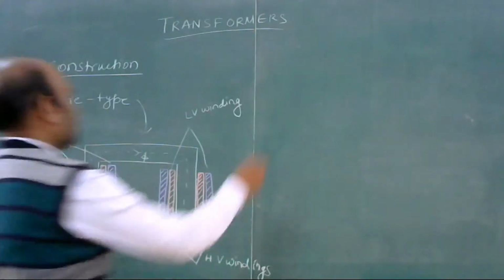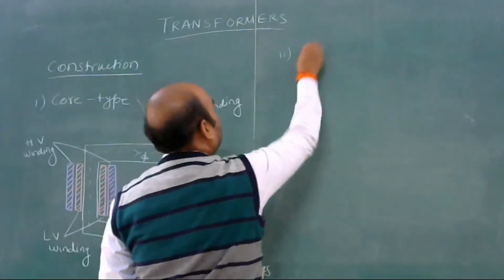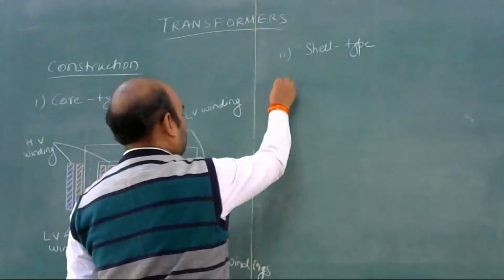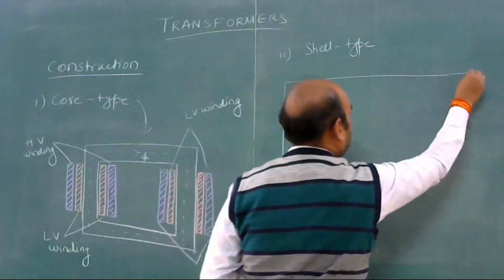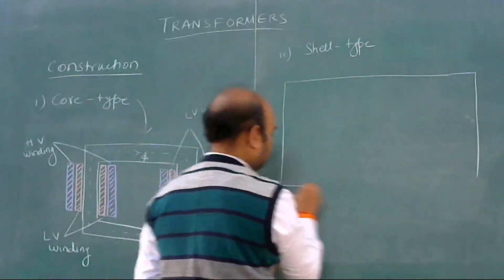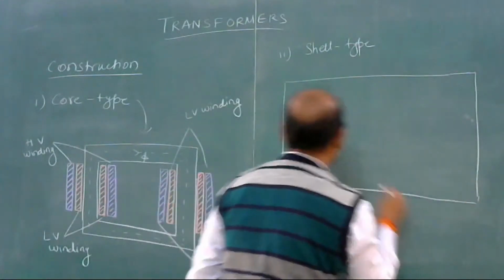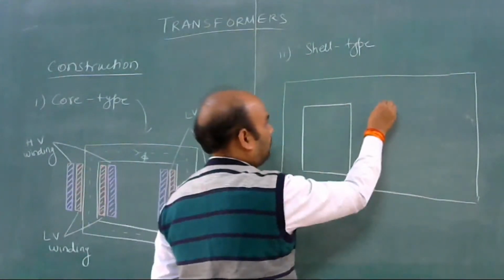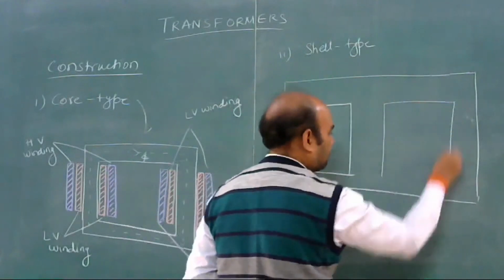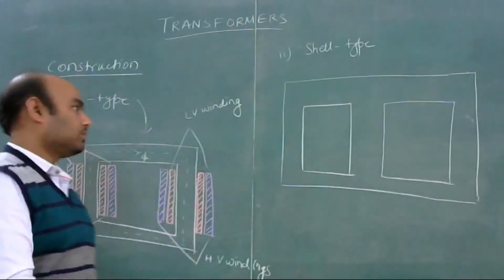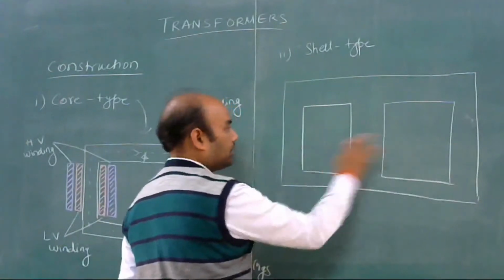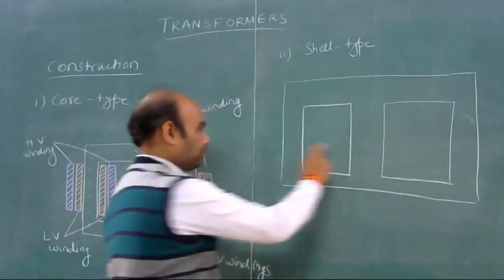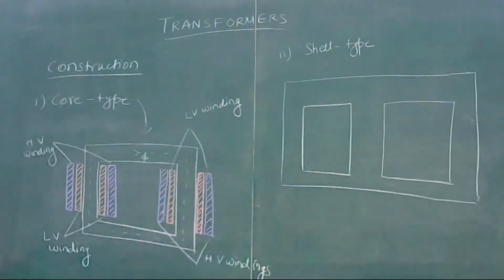On the other hand, second one is shell type. So in shell type, there are three limbs: right, left, middle or center limb. In this we get these two windows. This opening is known as window, and in this case there is only one window in each half.